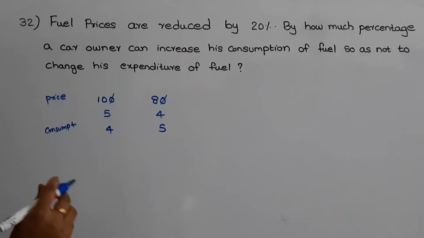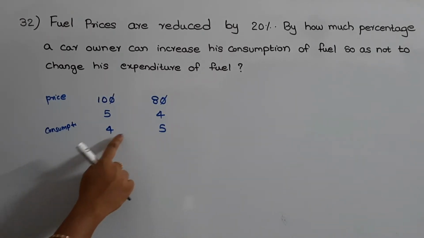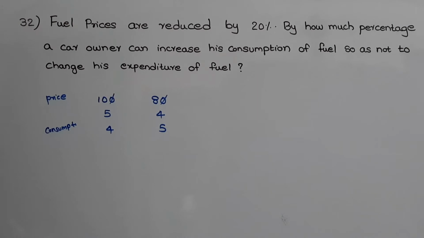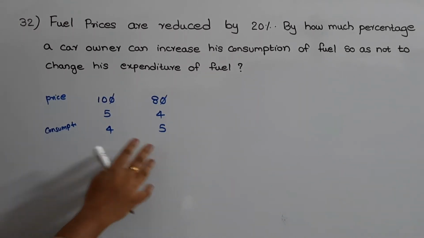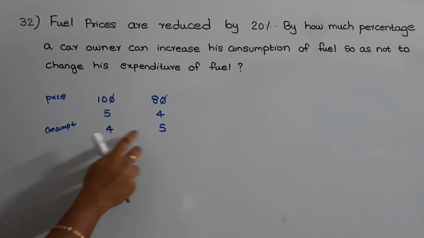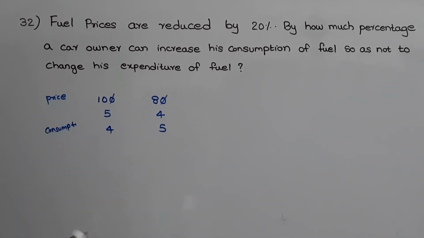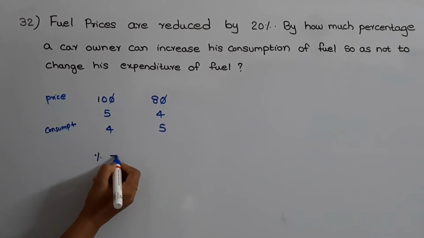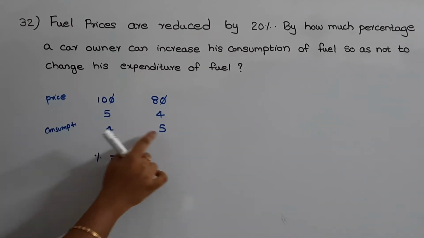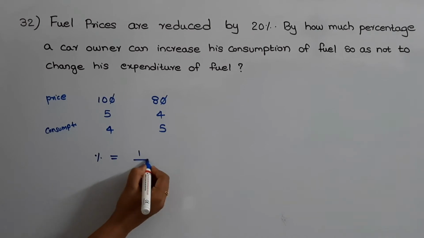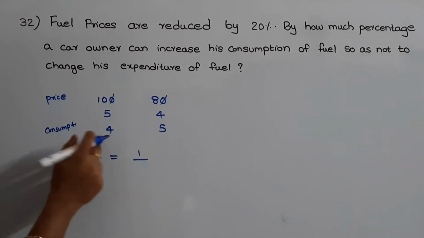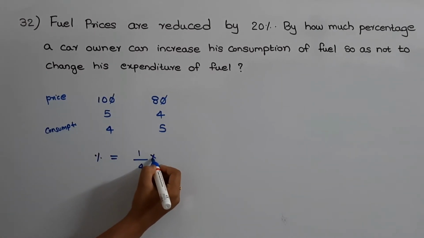So we need to find out the percentage increase in the consumption of the fuel. Since the answer is in terms of percentage, we can find that percentage with the help of the ratio itself. So the percentage increase will be equal to the difference in both quantities, that is 5 minus 4, that is 1, divided by the initial value, that is 4, into 100.